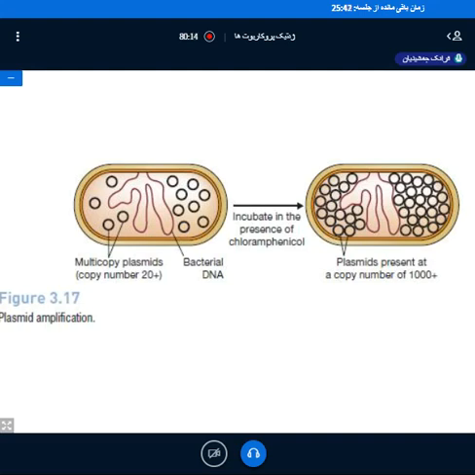I didn't do all these steps in the lab either, because we do professional and very specific work. For example, if I do something in genetics, I don't do everything about the plasmids. But I should know the process.